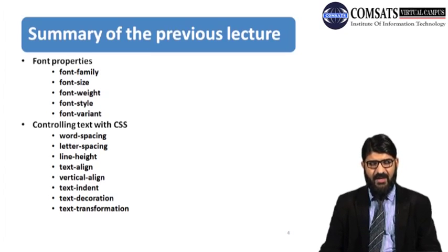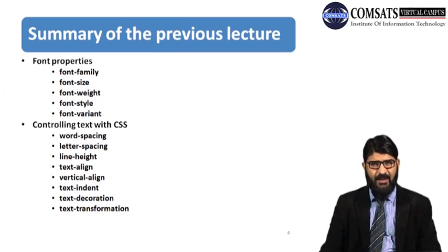There are different font styles like Times New Roman, Calibri, Verdana, and then we have seen font variant. Font variant is basically making a font in uppercase or in lowercase.